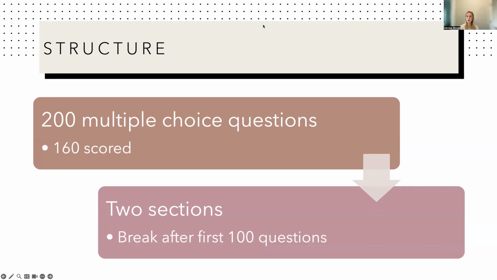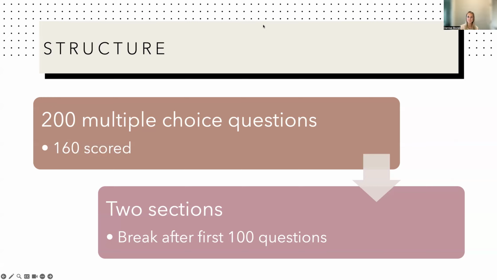But it's usually around the 90s. So there are also two sections, each 100 questions. So you get a break after the first 100 questions, and then you come back to the test if you have to go to the bathroom, walk around a little bit, and then you come back and you start the second half.